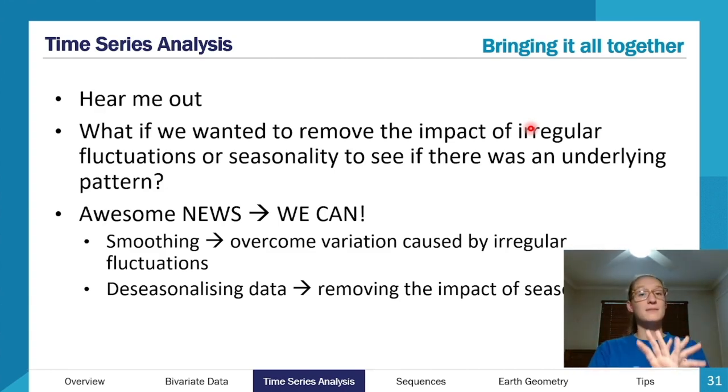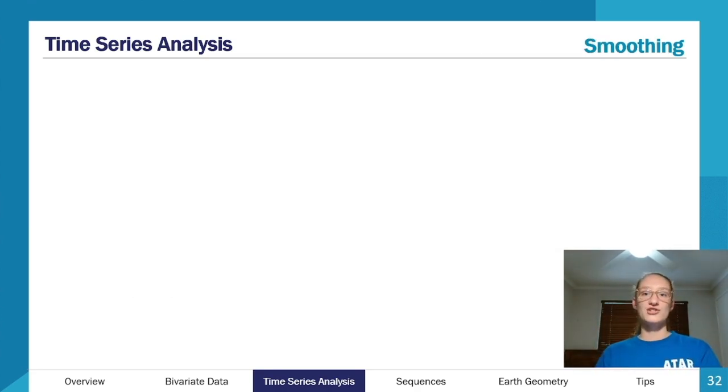But if we apply smoothing, we can remove the effects of that and look for those underlying patterns and trends. And if we have seasonality present in our data, by deseasonalizing it, we can remove the impact of seasonality so that we can see if we put the impact of seasonality aside, do we actually have any trends or patterns there.